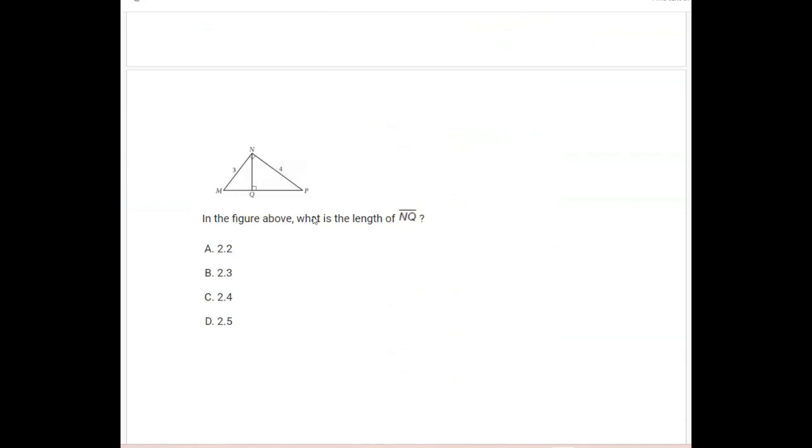Immediately, you know that if we have a triangle here, with a right angle of 90 degrees, and sides 4 and 3, we can immediately determine the hypotenuse of this triangle as 5, because we remember from the Pythagorean theorem, c squared is equal to a squared plus b squared.